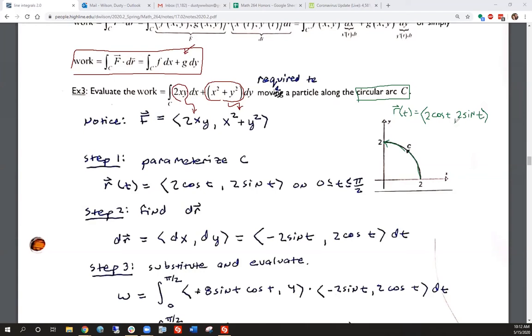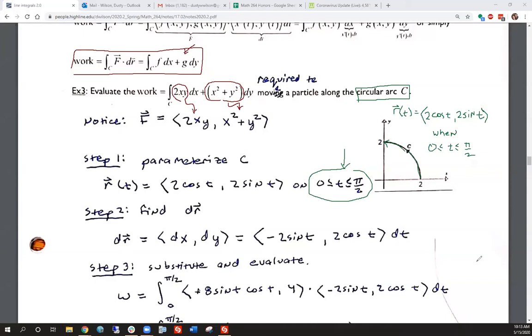Yeah, if we parameterize, we need to recognize where our t values live, or our parameters live. So this would be when our t's are where? 0 to pi over 2. And in case you're wondering where that came from, it's nicely written there for you already in the solution.